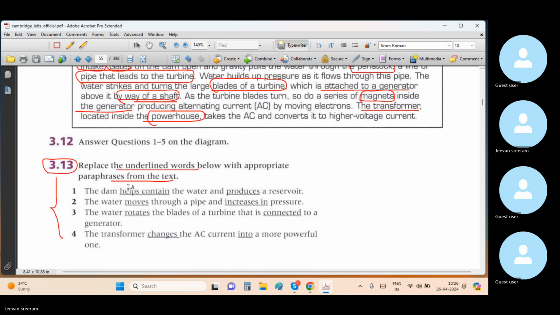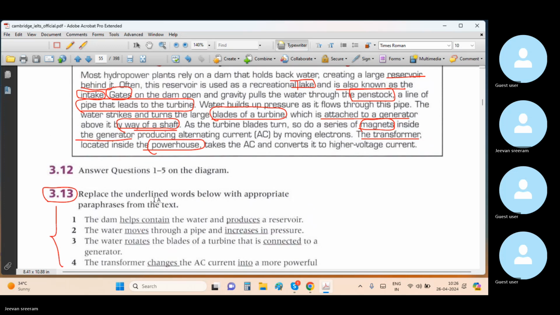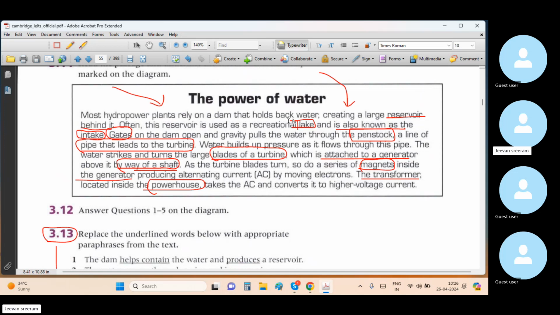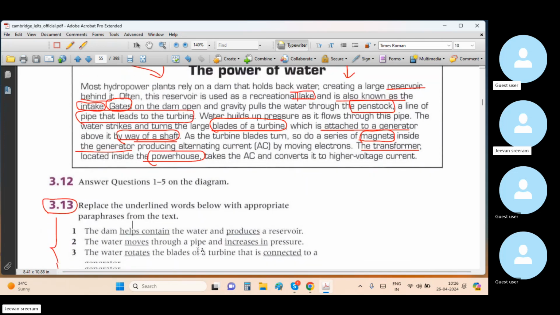The dam helps contain the water and produces a reservoir. Underlined portion, helps contain. For helps contain, what is the other word or phrase giving the same sense from the passage? The dam helps contain. The dam that holds back water. Holds back.